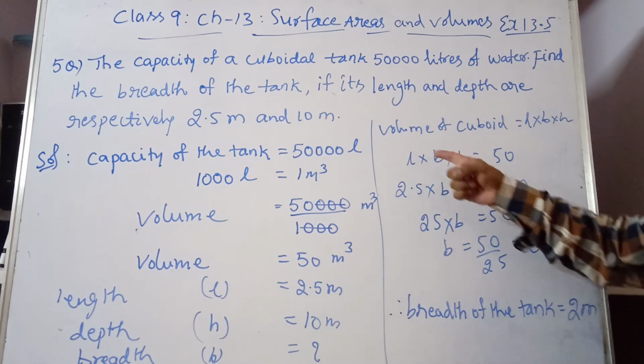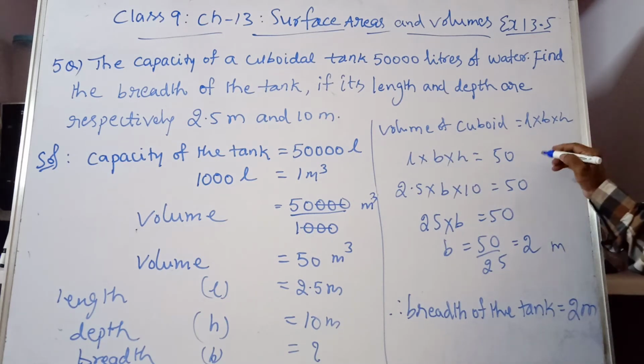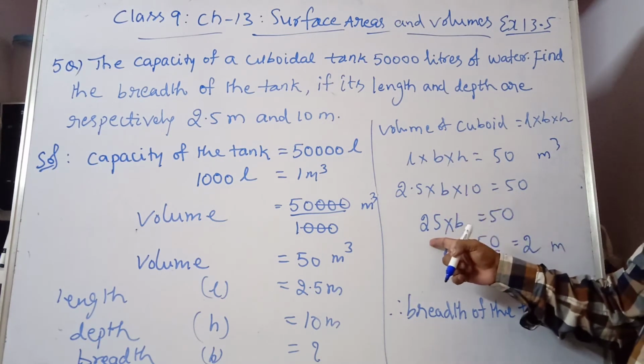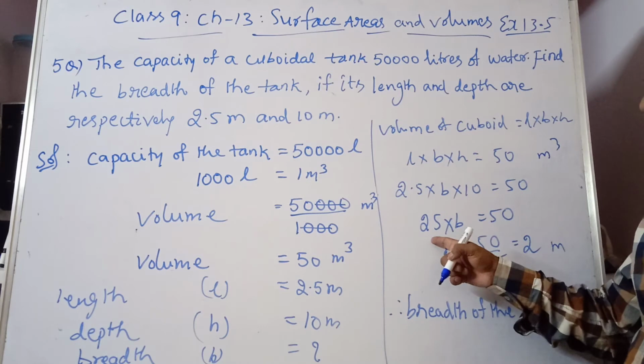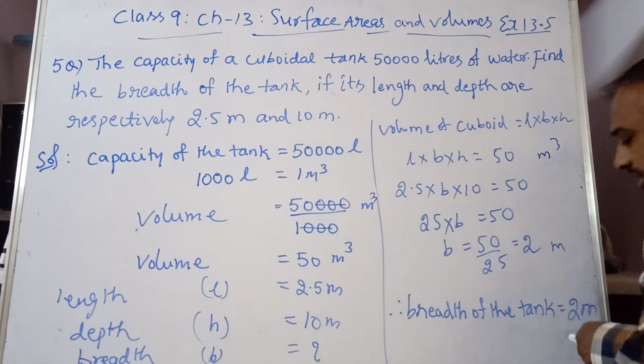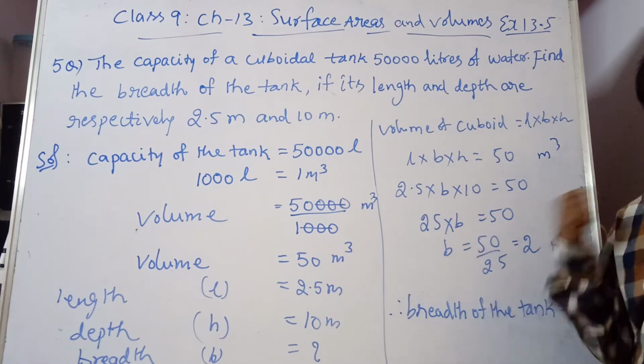Then we know the formula, L into B into H is equal to 50 meter cube. 2.5 into 10 is 25. If you transpose 25 to this side, the breadth of the tank is 2 meters. Is it clear? I hope you understood.